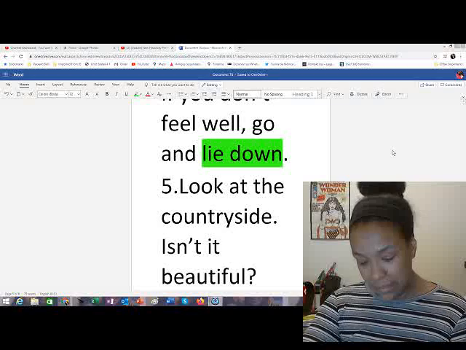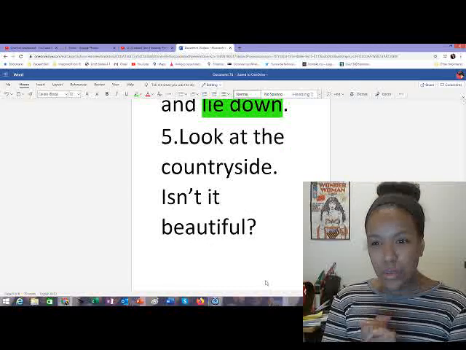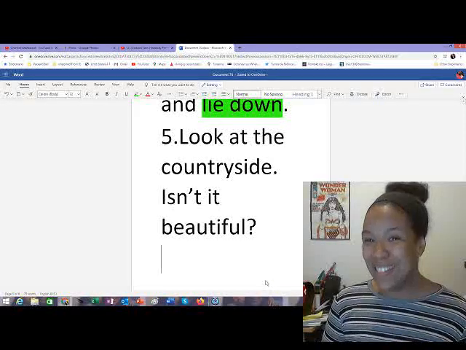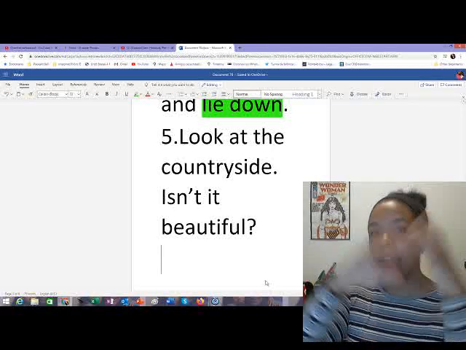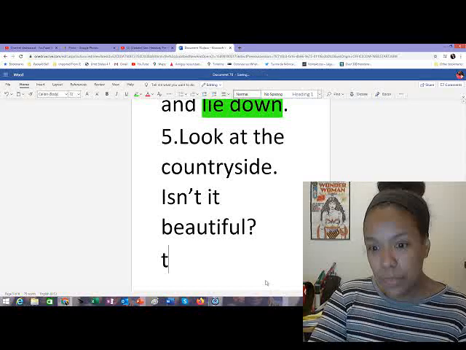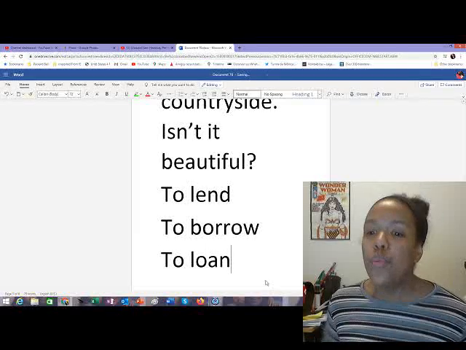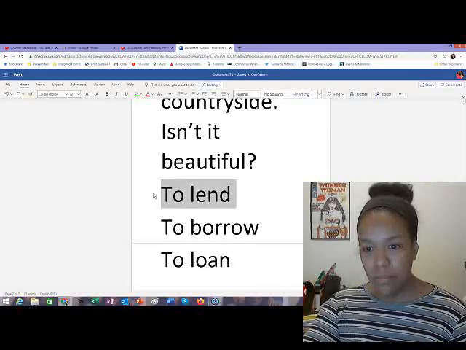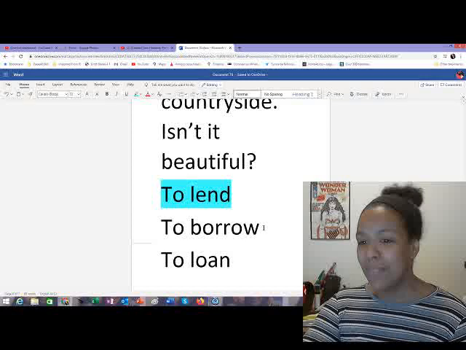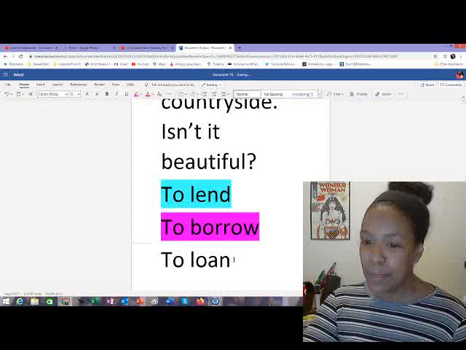Number 6. I actually am going to take this opportunity to work on something else that is in this exercise, which is probably not the main point of this chapter, but it's very important that we talk about this, because to lend, to borrow, to loan, I am sure that I probably have mentioned this before.